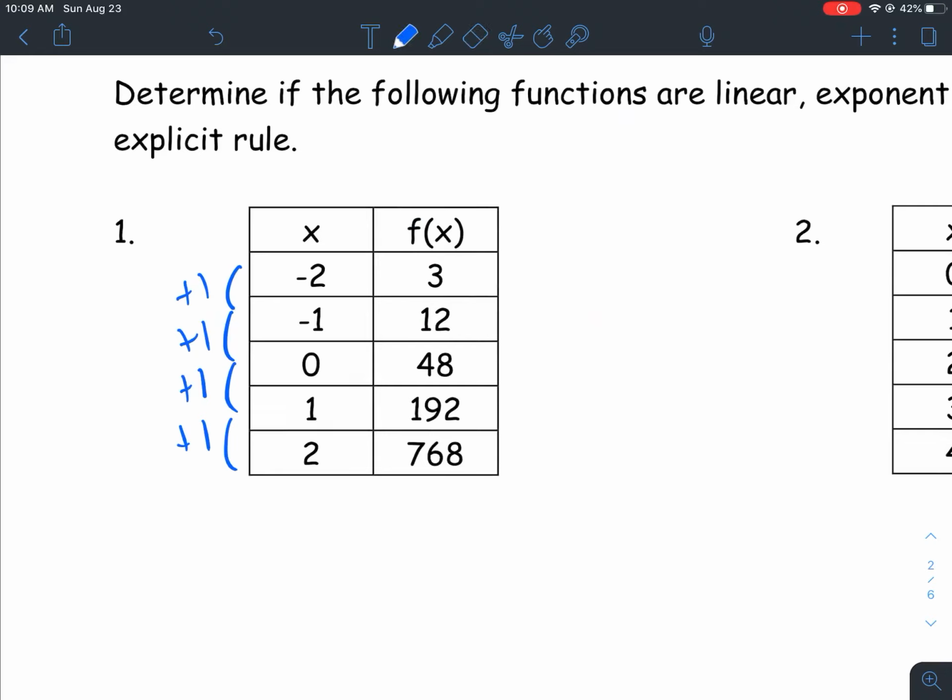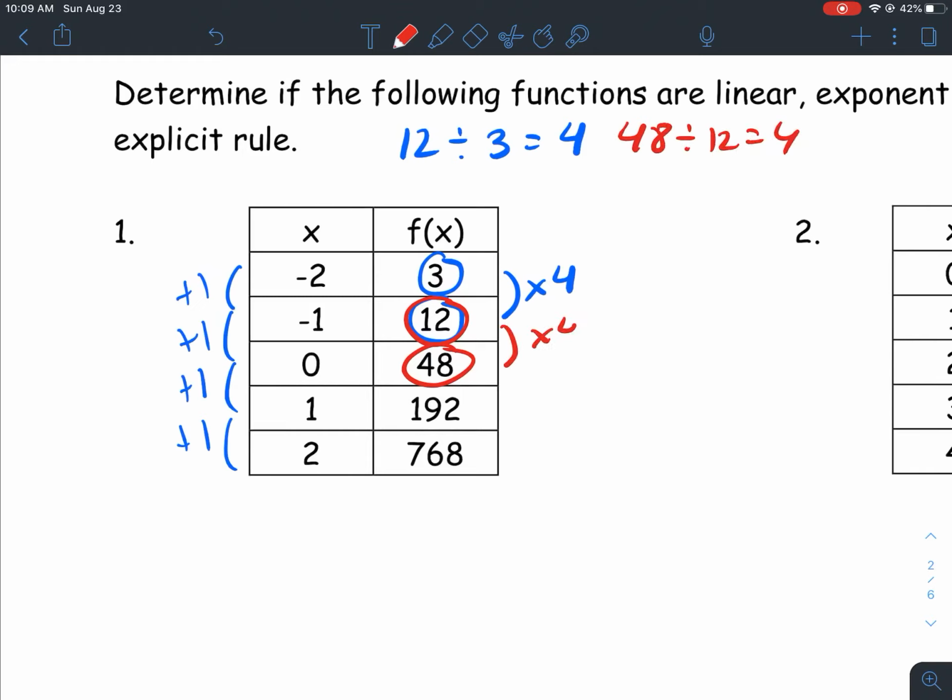So let's check for a common ratio. To check for a common ratio, you're going to do this number divided by that number. So I got 4. That tells us we multiplied by 4. Let's try the next one. 48 divided by 12. We also get 4. Okay, looking promising.